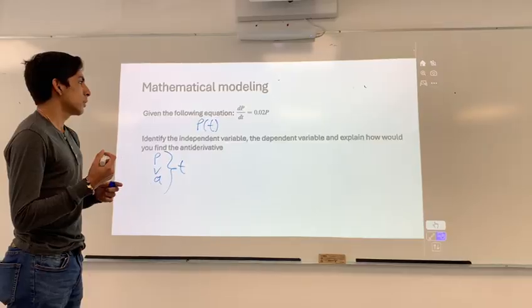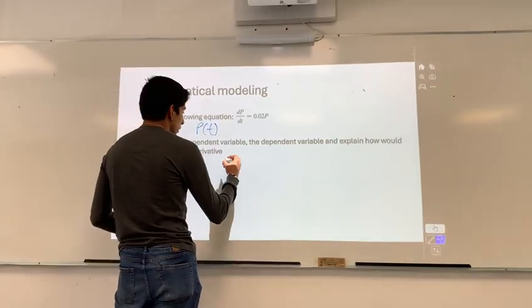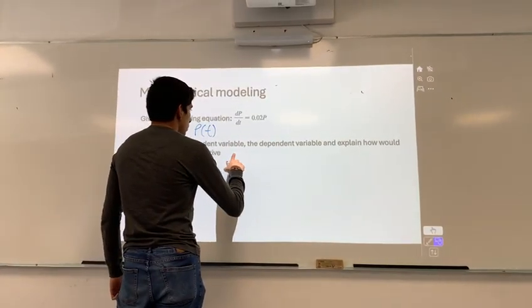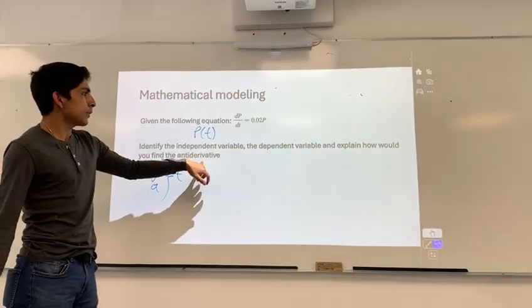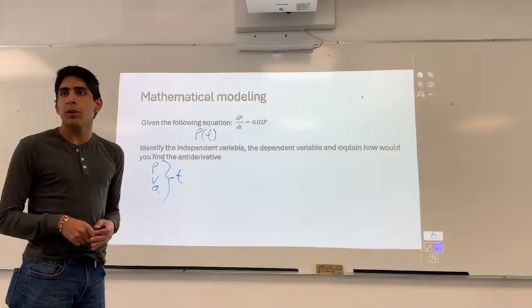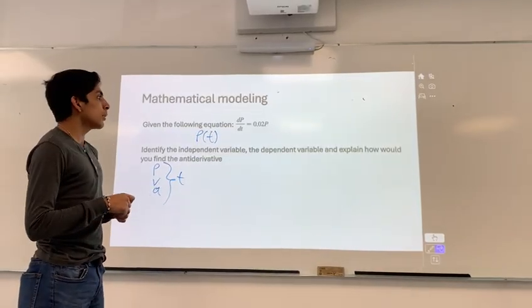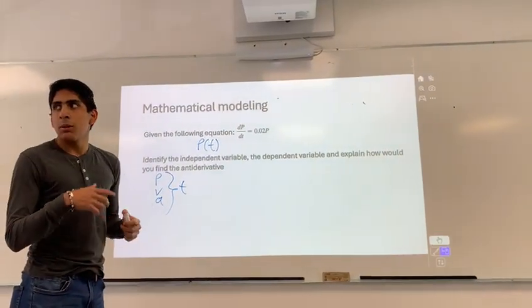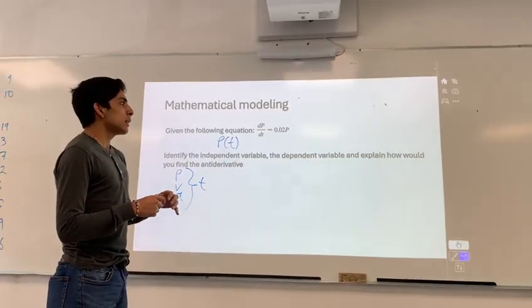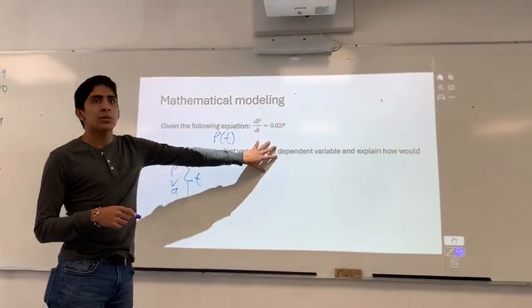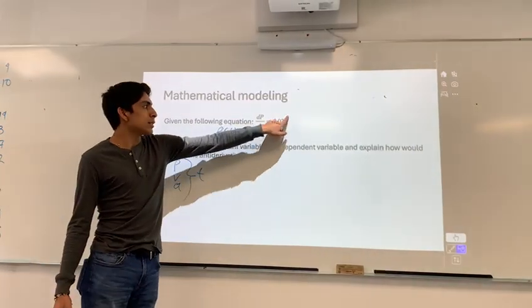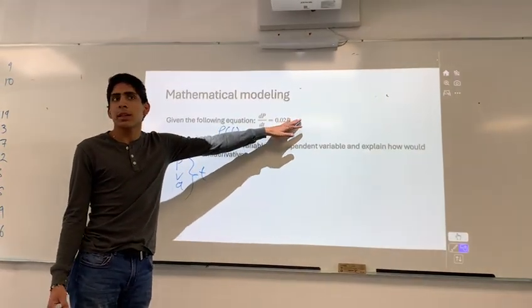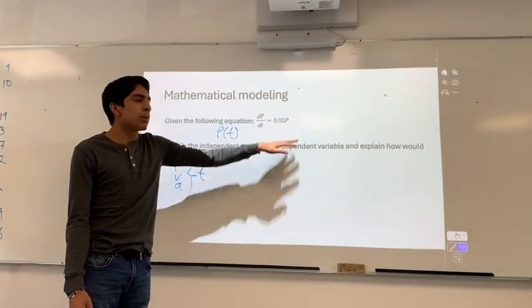When we are trying to look for the antiderivative, it's kind of similar to the integral, but it's not the same, because all our function will need to depend on time. Here I don't have the time. It's only saying that the position is 0.02.